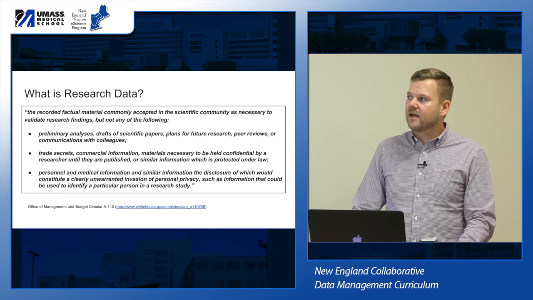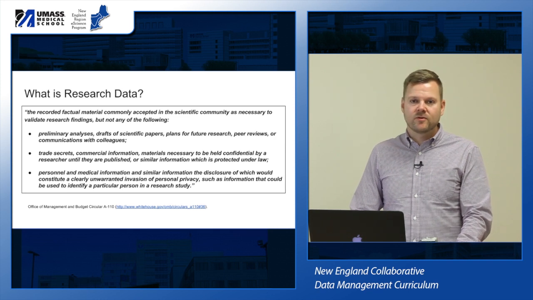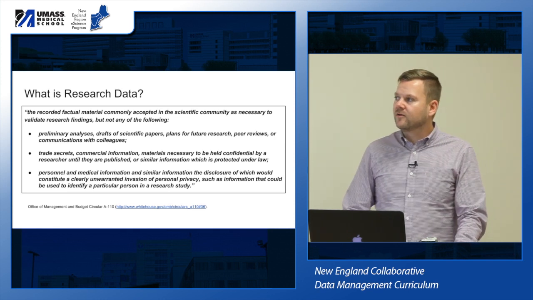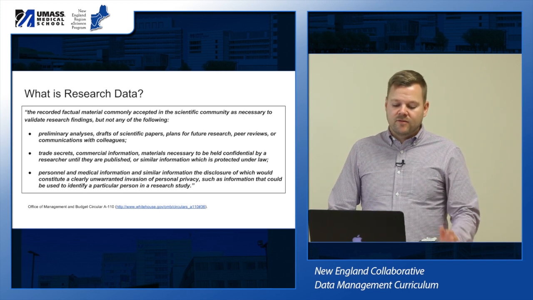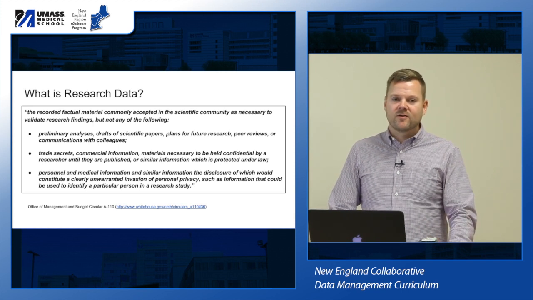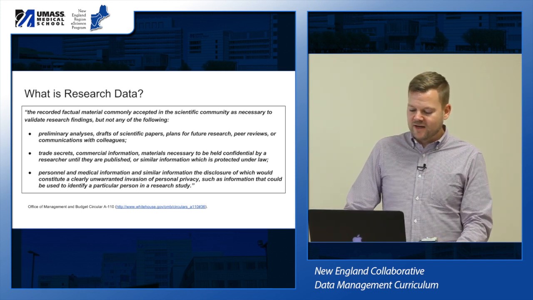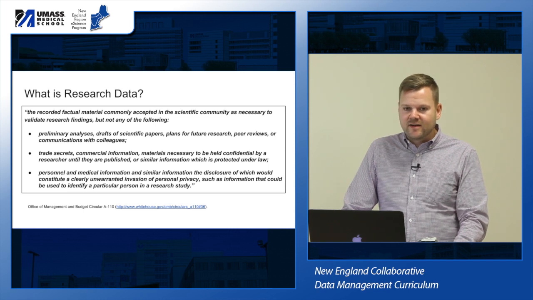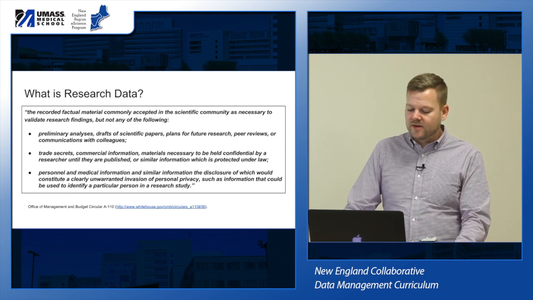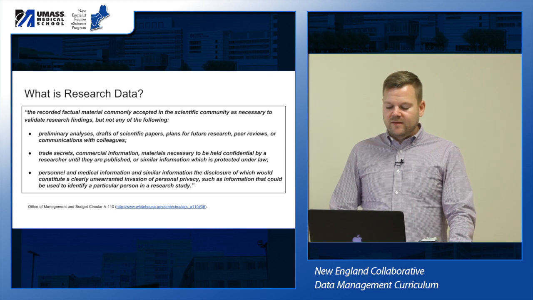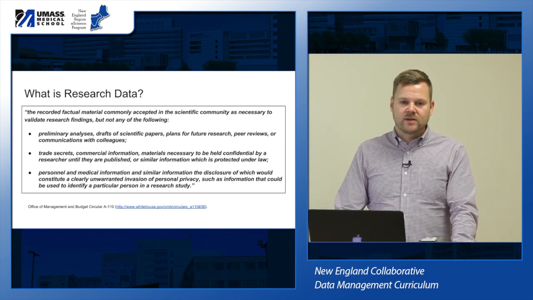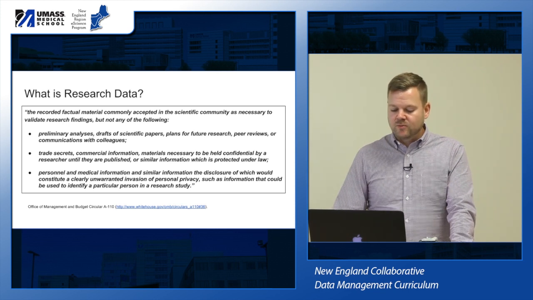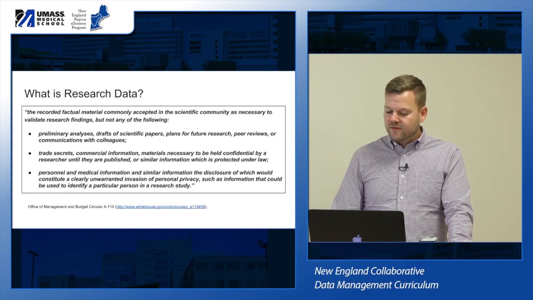So thinking about the data necessary to reproduce or replicate an experiment is a good place to start. The information here also covers things that are not considered research data, like trade secrets or protected health information. Obviously, this is information related to publications, preliminary analyses, or drafts, for example.